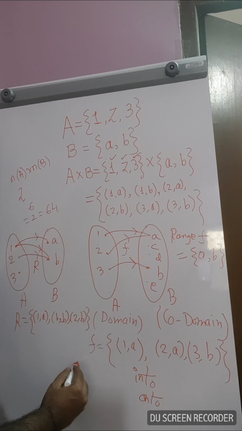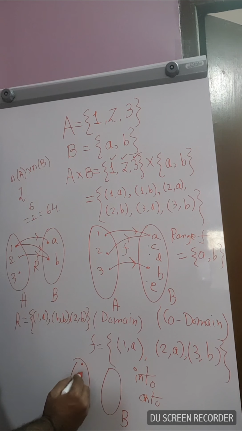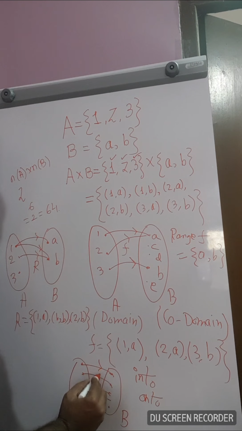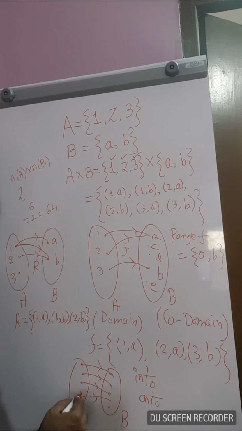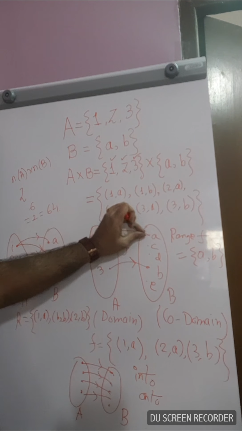Likewise, if I draw a diagram like this, this is our domain set A, this is our codomain set B. The domain set has 4 members, the codomain set has say 5 members, and different members of the domain, as you can see, are linked to different members of the codomain. So this is a one-one kind of association, whereas this is a many-one kind of association.